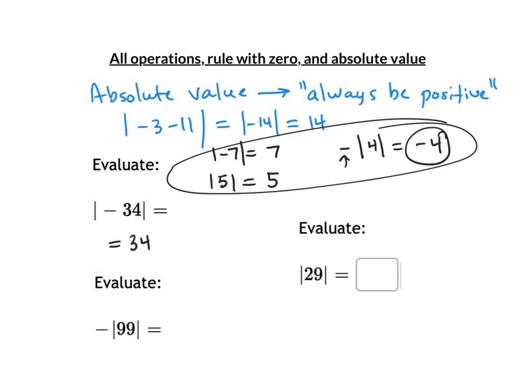The absolute value of 29, always positive, does not mean the opposite. This is 29. And last one, this is the opposite of the absolute value of 99. So the negative's out front. It's not affected by the absolute value. This ends up being -99.